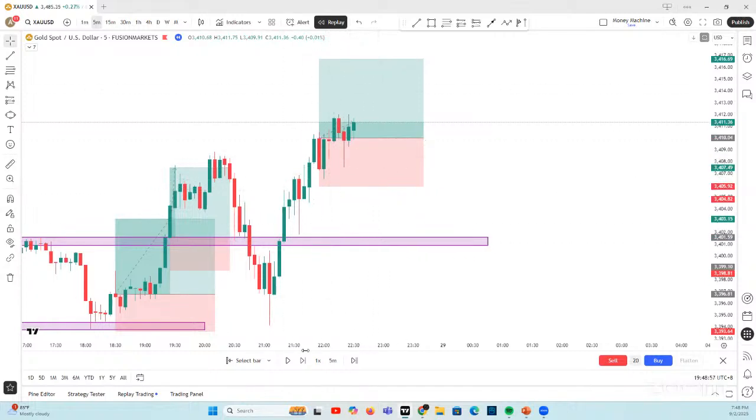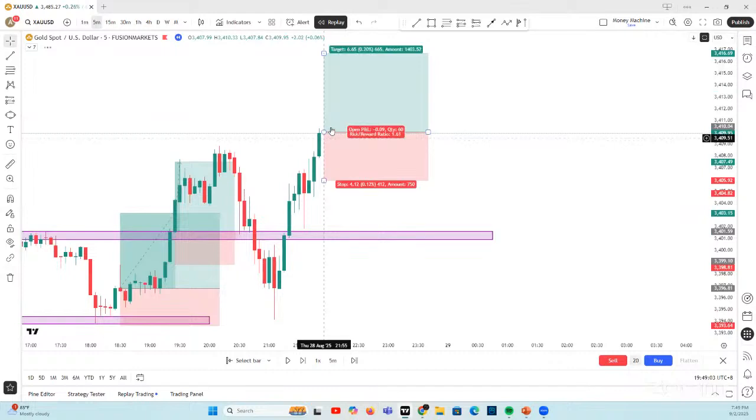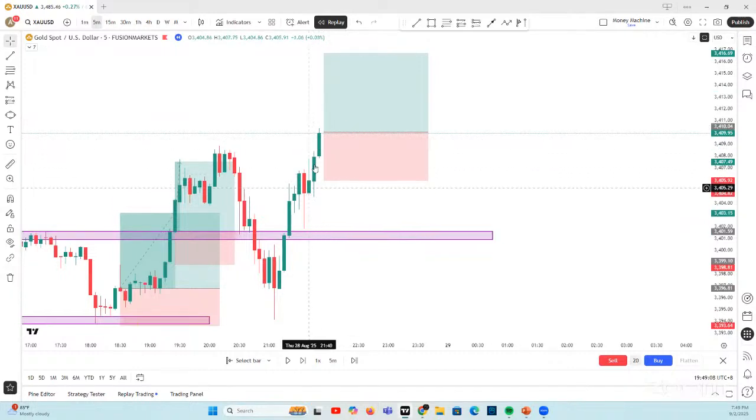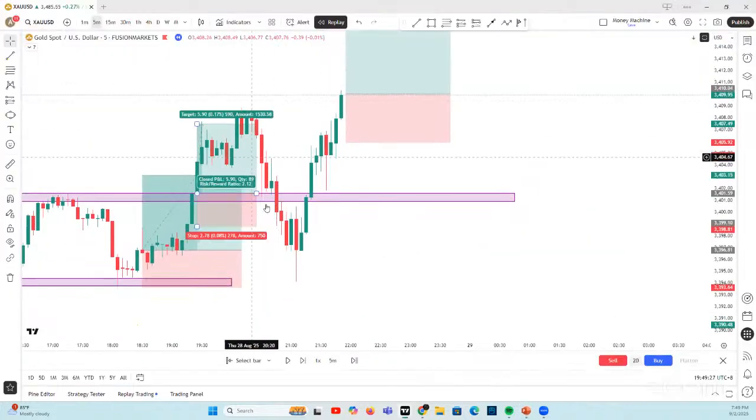So if we replay this again, you place your trade there after this three white soldiers. For all our latecomers, three white soldiers means three green candles in succession, a strong bullish continuation.